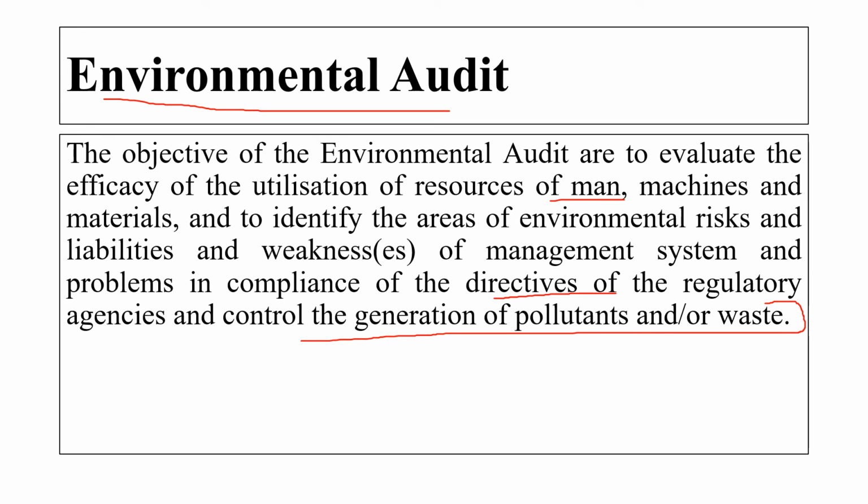Whatever the organization is doing should not harm our environment, okay. There should be a limit. We shall not pollute our environment, or we shall not throw the waste outside so that we can't harm the environment.